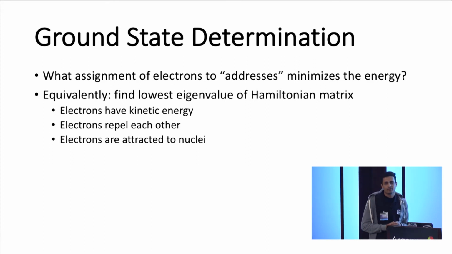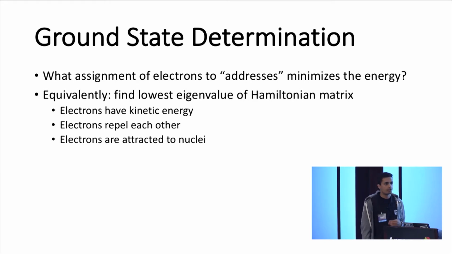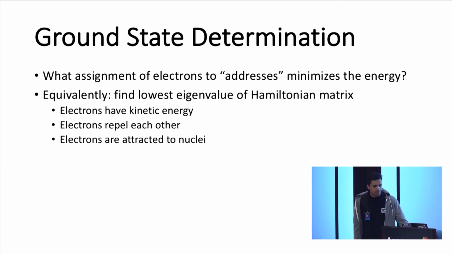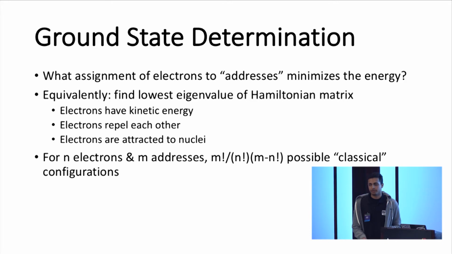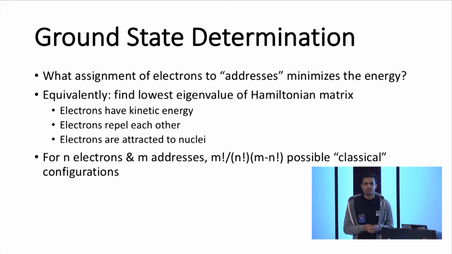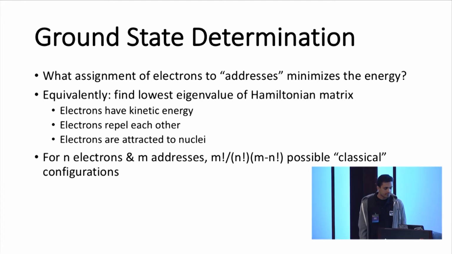And finding the ground state is equivalent to finding the lowest eigenvalue of such a matrix. But the problem is that classically on a regular computer, this has a combinatorial explosion in the electron address space. And it's an intractable problem for classical computers to solve exactly, or even approximately.